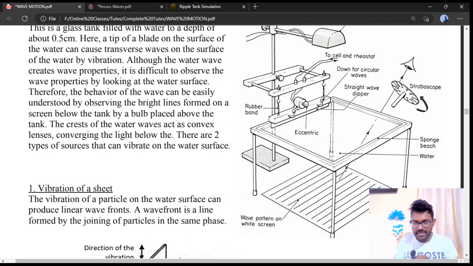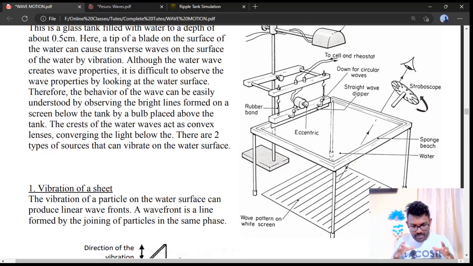That's how we get the next frequency, right? If you have the same frequency, that means the time period will also be the same. If you now see through the stroboscope, it closes your eye for a moment, and in that time the wave fronts go one step forward. The wave front that is here goes in front, the wave that was behind also goes to the front.